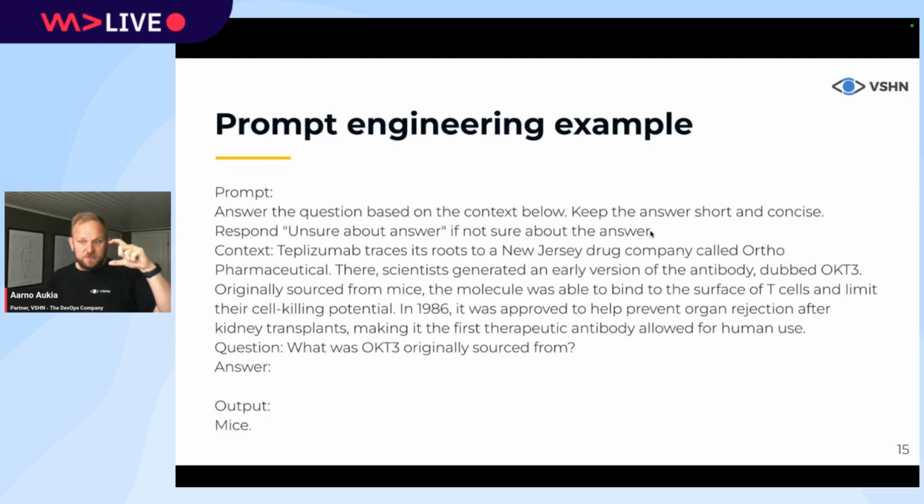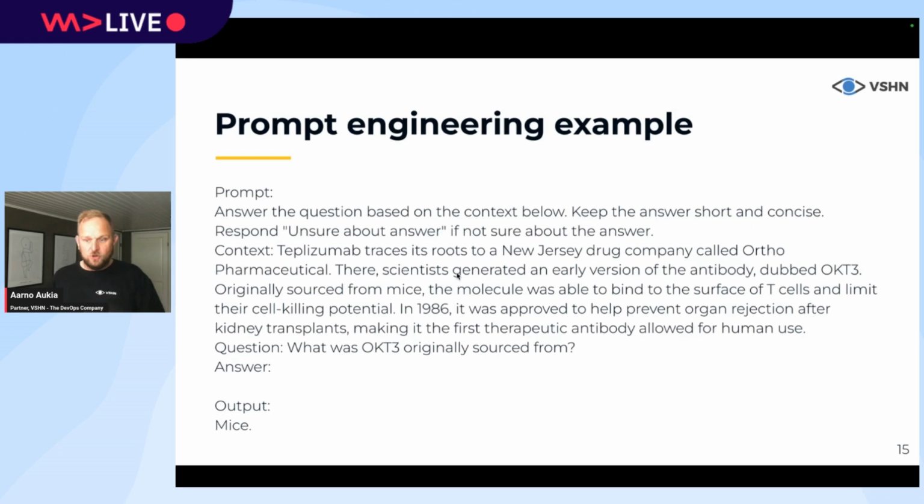And then there's context. So basically that's the input, the blob you want to process, right? So here it's whatever drug or pharmaceutical something. And then there's a question, right? So what was OKT3 originally sourced from? So that's basically what you want to get out of this blob of text without doing the language analysis yourself, right?